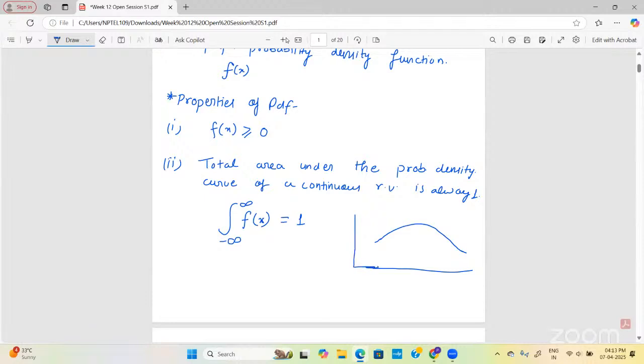Suppose this is point A and this is point B, then this entire region under this curve, that area should be equal to 1, the total area. And this function is f of x. So these are the two properties for the PDF.